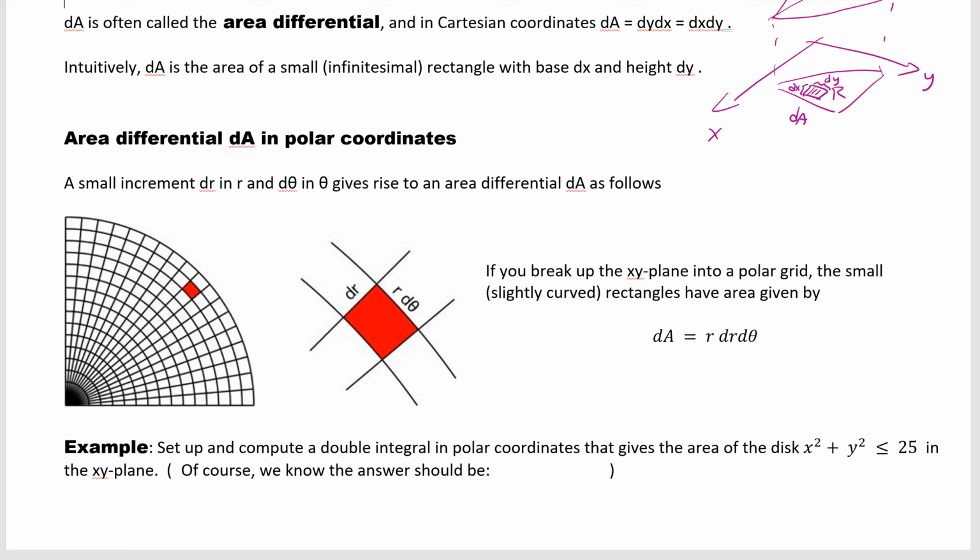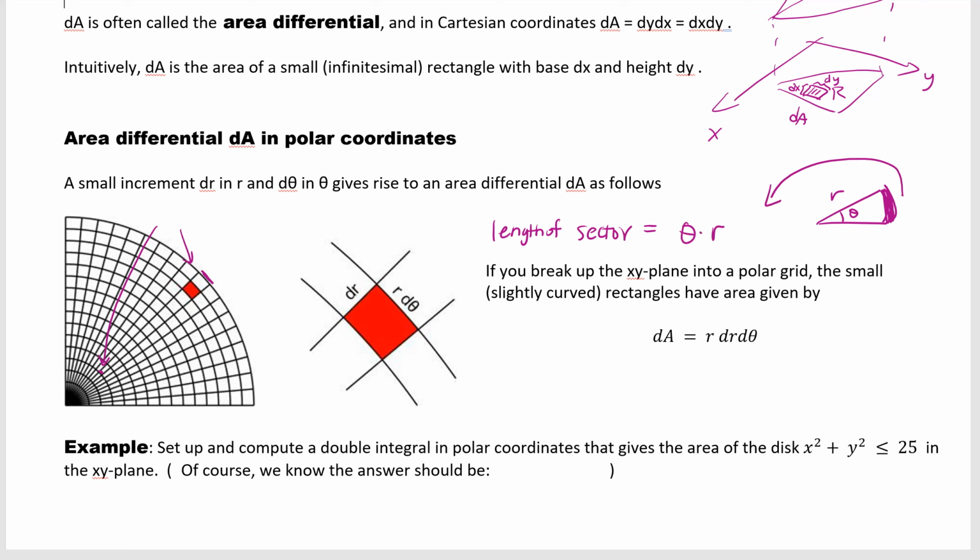But here you cannot just measure the angle d theta, because think about this length and this length. The difference of the angle is also d theta, but you can see the lengths differ. So here I want to remind you of the length of a sector: if this is r and this is theta, then this length is theta times r.